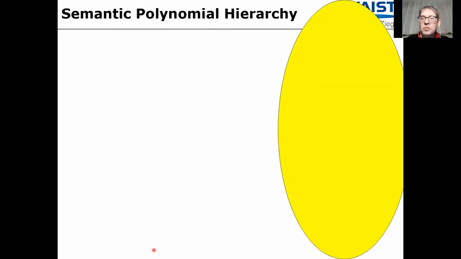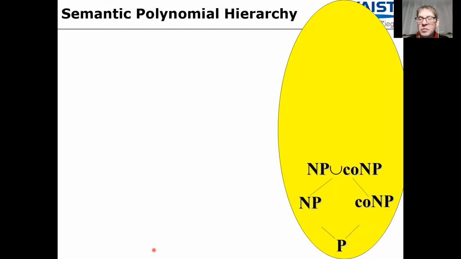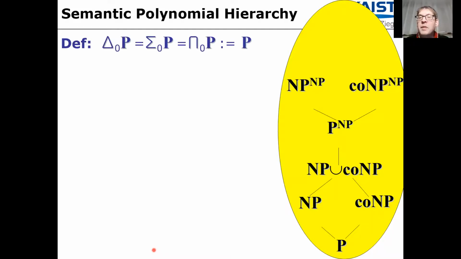So here's the polynomial hierarchy. It starts with NP and co-NP and P, as we discussed before. Then there is the class of problems which are in NP or in co-NP or in both. And then we climb up, and climb up, and climb up.